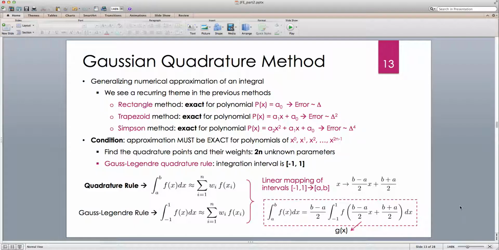So what we need to do is the inverse mapping, right? So I want to calculate this first, so I assume that my x is between -1 to 1. If that is the case, then g of x is f of this term.